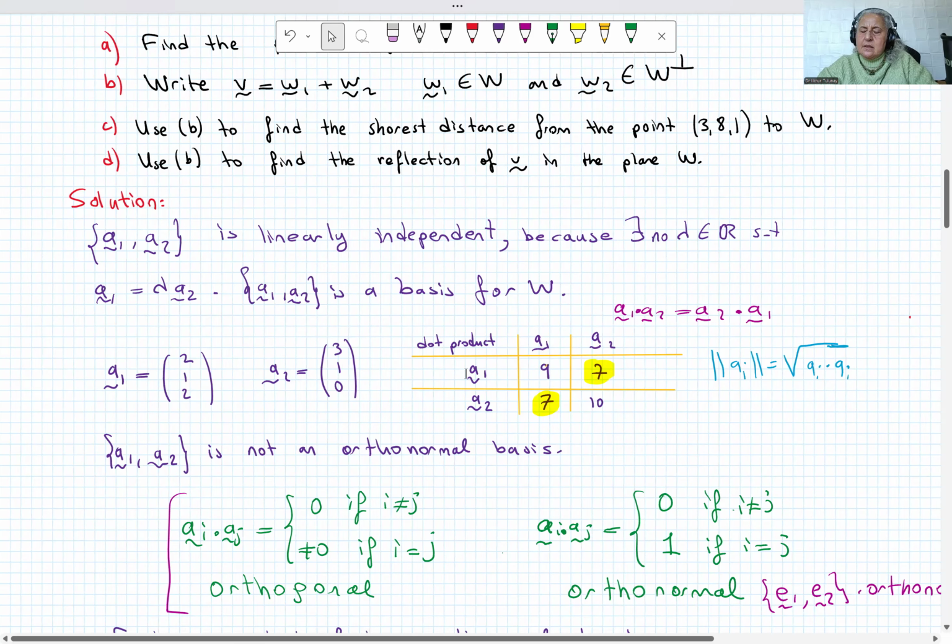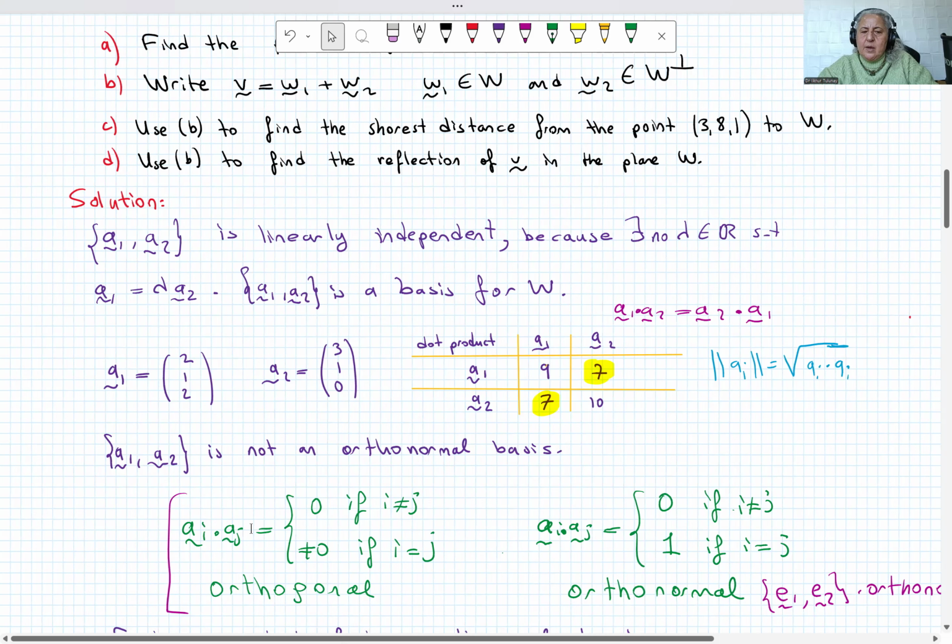So as we see, this is a basis, but it's not orthonormal, because if it were orthonormal, I would have 1 here, and 0 here, 0 here. Orthogonal means that if I take the dot product of any two different vectors, I will get 0.